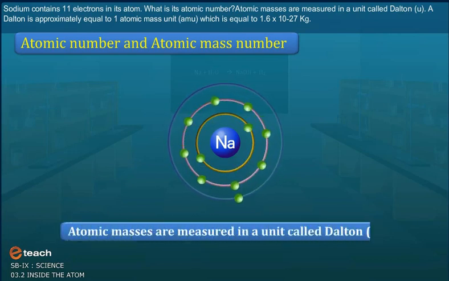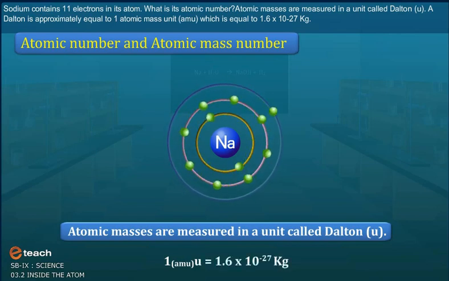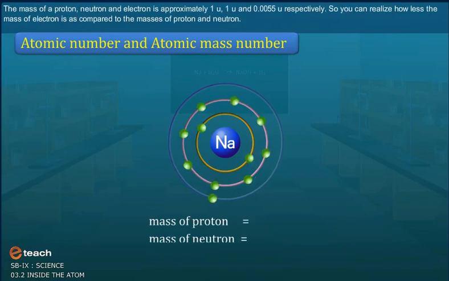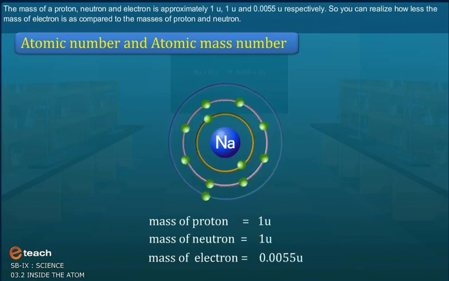Atomic masses are measured in a unit called Dalton, that is u. A Dalton is approximately equal to 1 atomic mass unit, that is amu, which is equal to 1.6 × 10^-27 kg. The mass of a proton, neutron and electron is approximately 1 u, 1 u and 0.0055 u respectively.